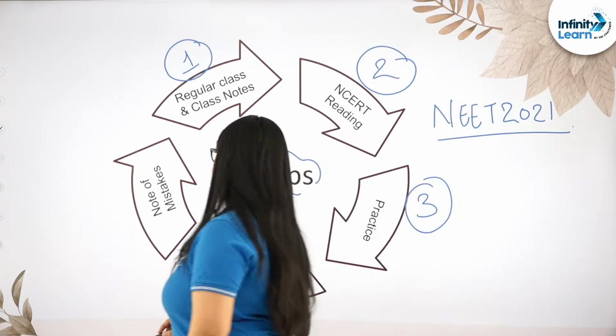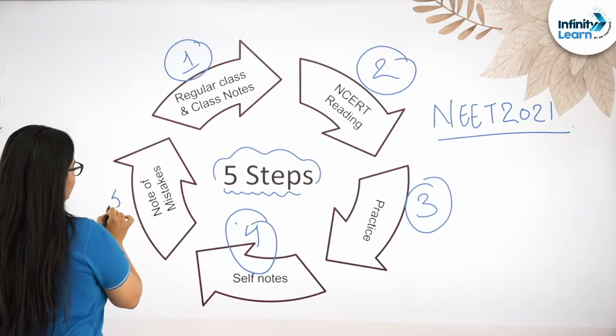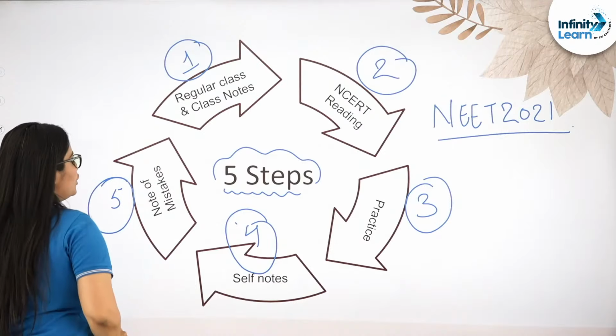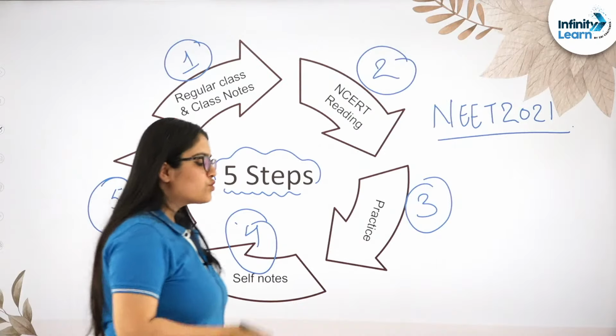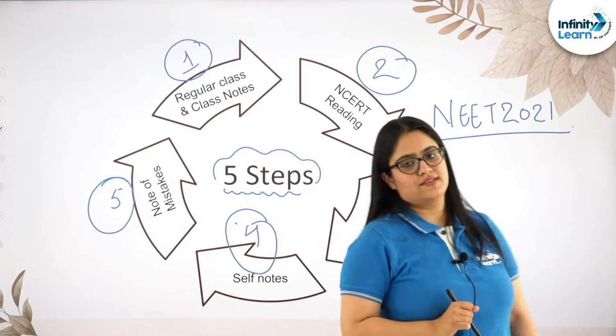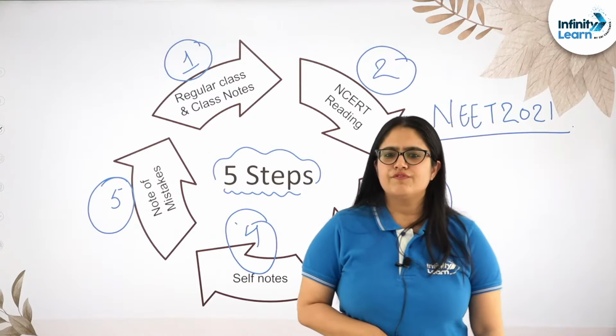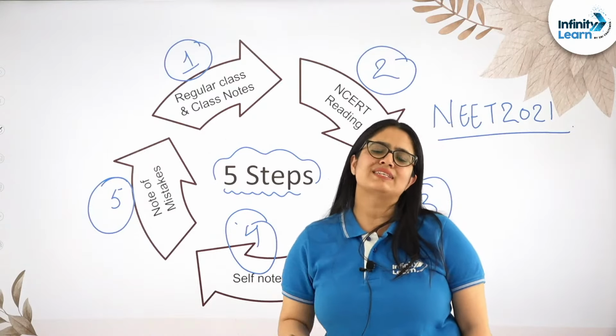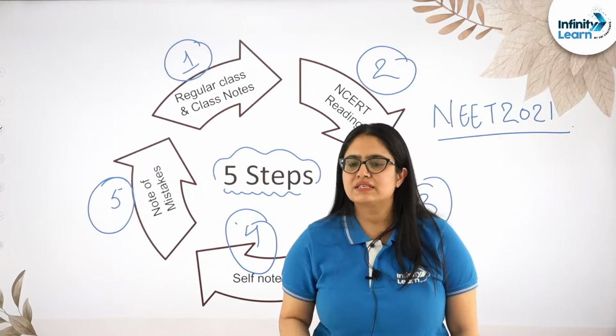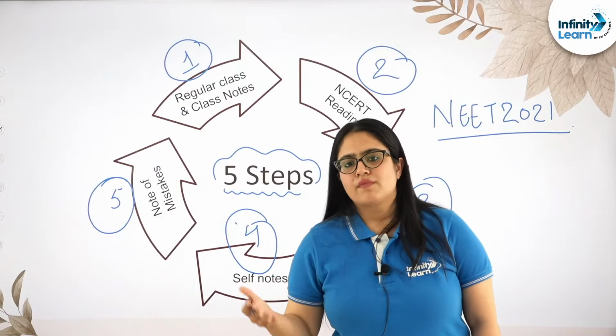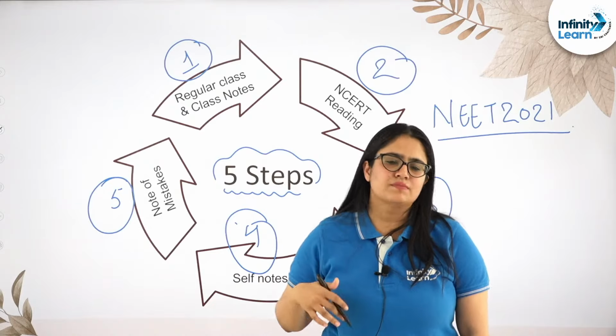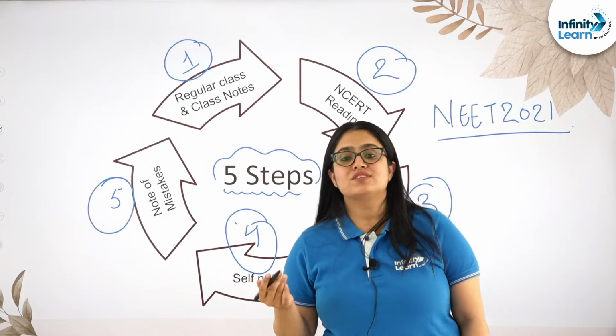Next, this is the last step. You got to make note of your mistakes. Very important. If you continue making the same mistake again and again in every test regularly, then that mistake can actually get converted into a sin.